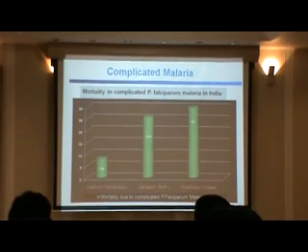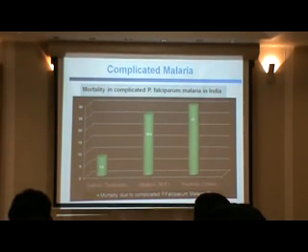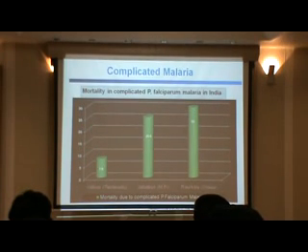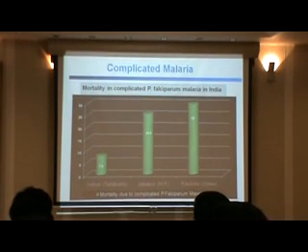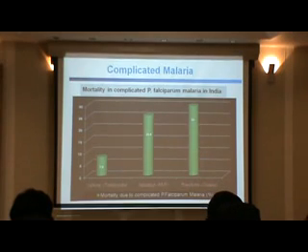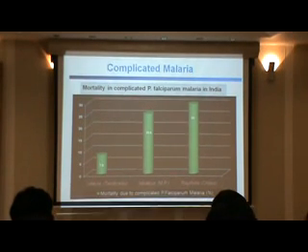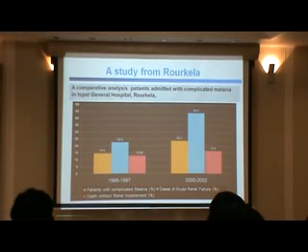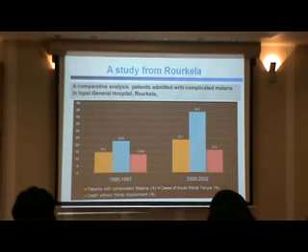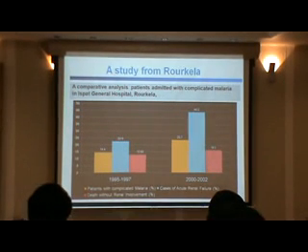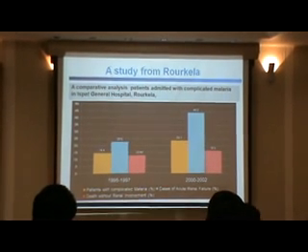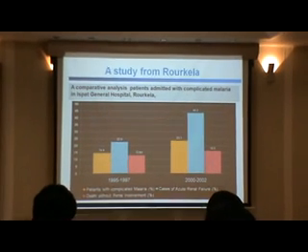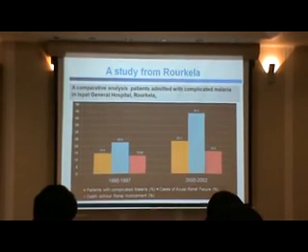These are the percentages which have been shown from the different areas. Among the southern states to Odisha, there is mortality from 7.9% to 30% in complicated falciparum malaria. The patients with complicated malaria show acute renal failure and death without renal support.